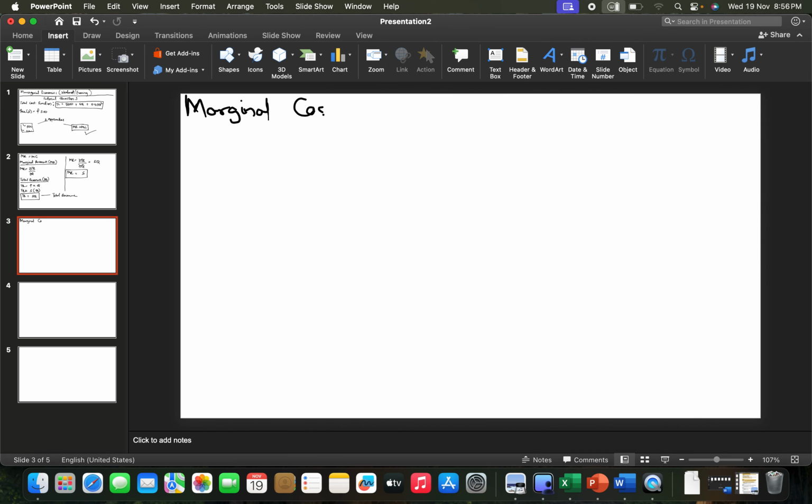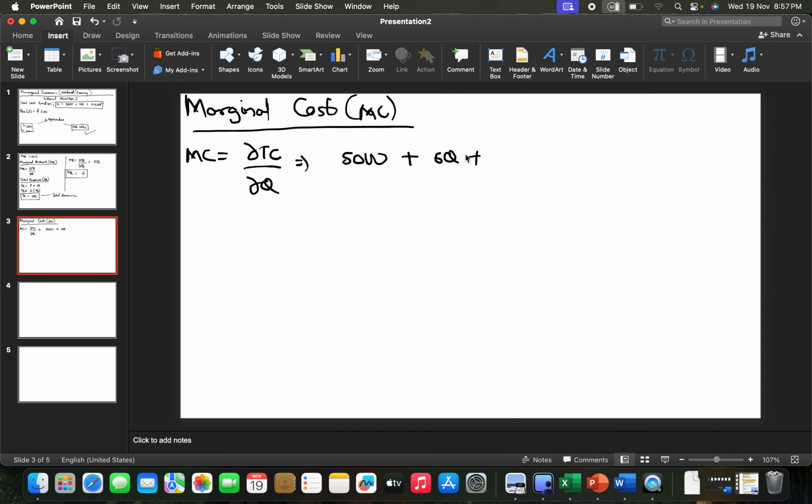Now, in finding marginal cost, we find the derivative of total cost with respect to Q. So with the total cost, we're given 5,000 plus 6Q plus 0.03Q squared. That was our total cost function.